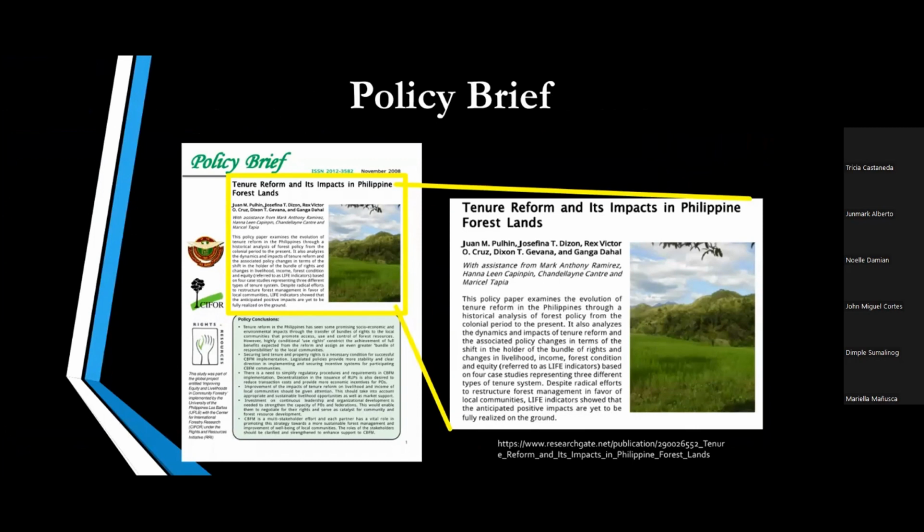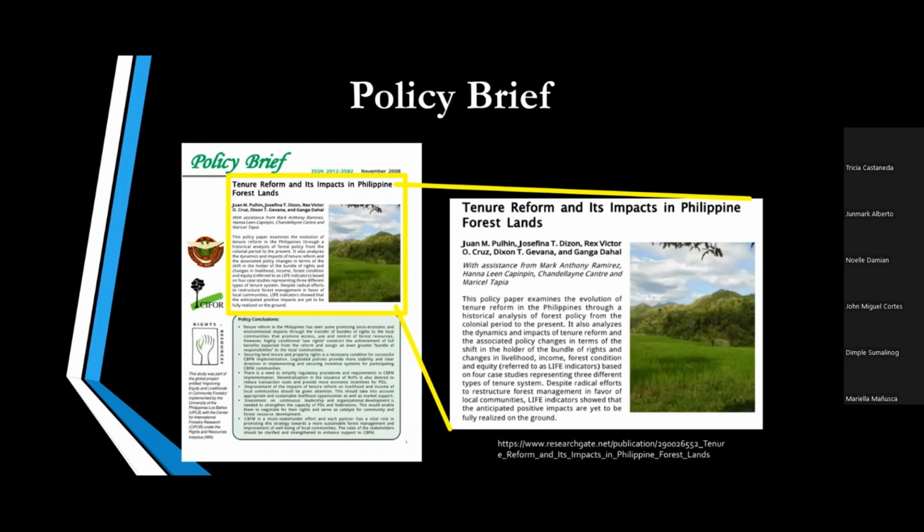So, it is a short and on-the-point document focusing on a single topic. It explains the urgency of an issue where you can present your findings and provide recommendations doon sa pagbibigyan mo ng policy brief. Okay? So anong example?